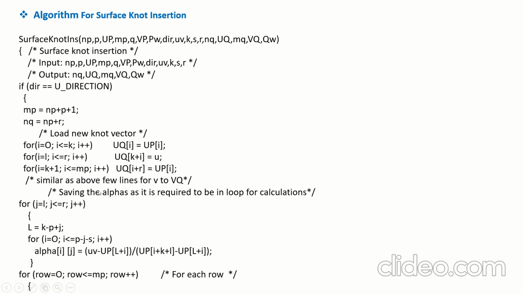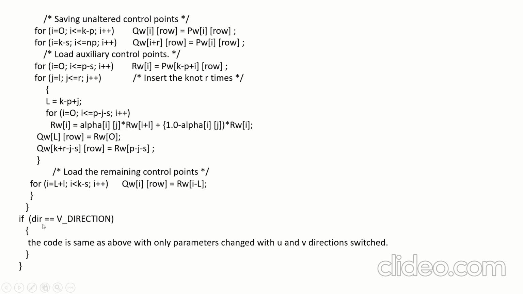Also, while calculating alphas, we don't need to include it within the loop. We just need to input it at the very end because alpha doesn't depend upon the number of control points. As I was saying previously, this whole thing will be repeated for the v direction till here.